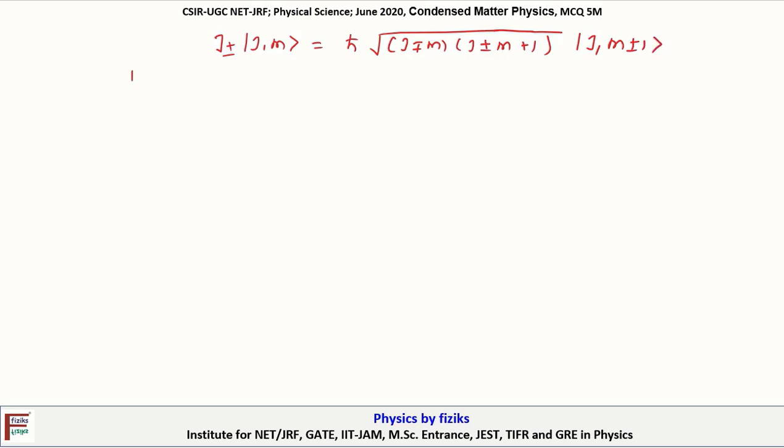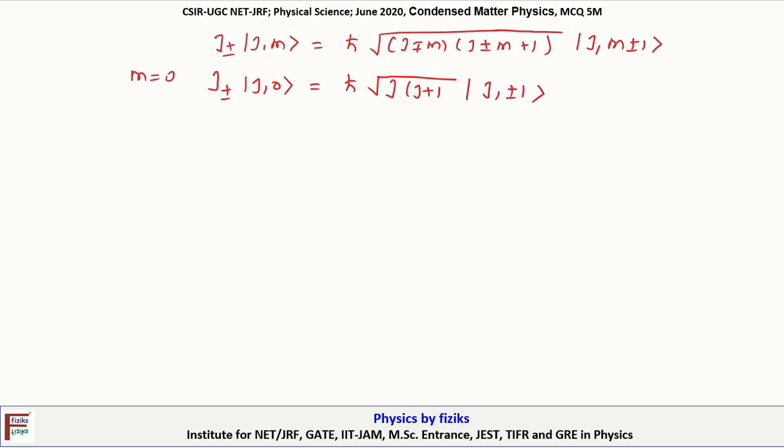Since m is equal to 0, J plus minus J0 would be equal to h cross root J into (J plus 1) into J, plus minus 1.